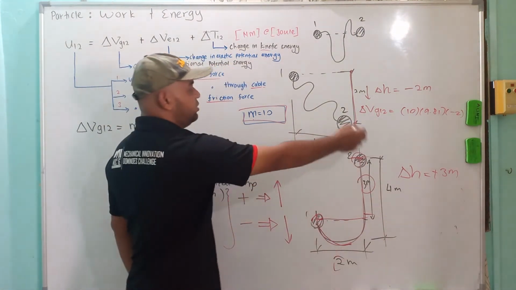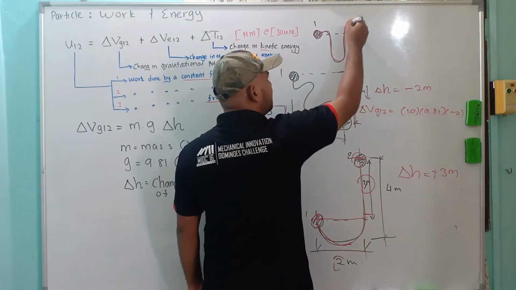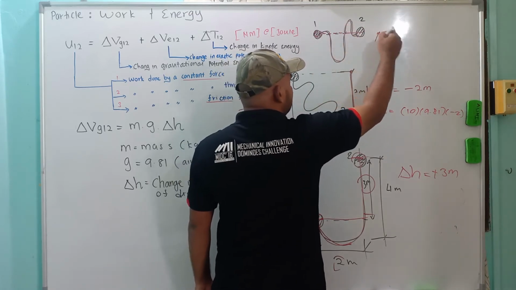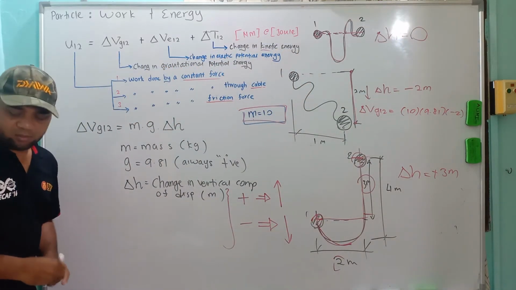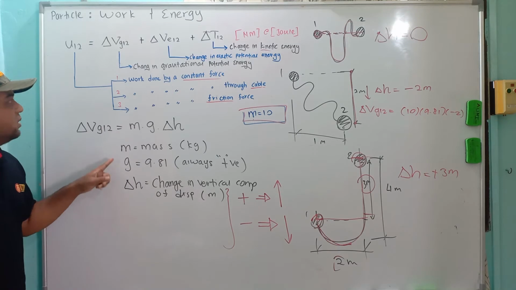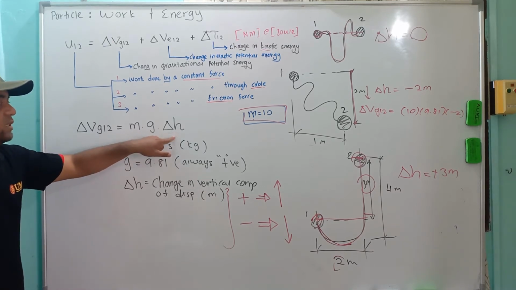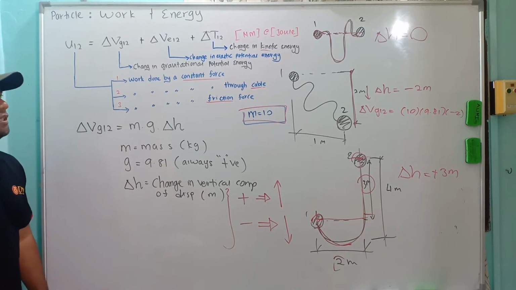Put this in the equation and you will have the answer. If the component goes down, goes up and stops at the same height, delta h equals 0. If the question gives you the mass of the component and you determine delta h, you put them in the equation and get the change in gravitational potential energy.